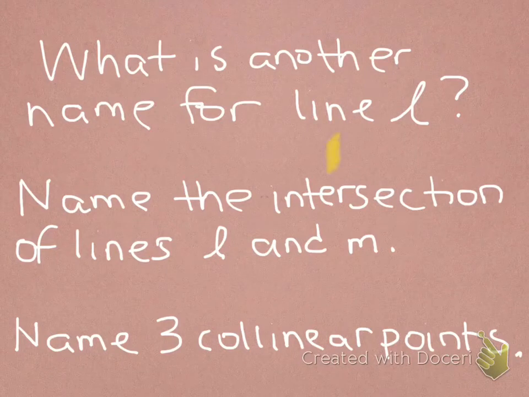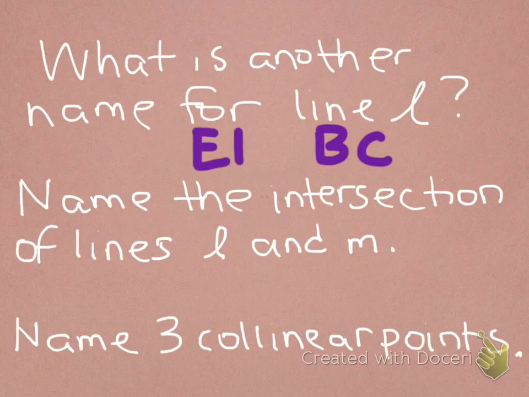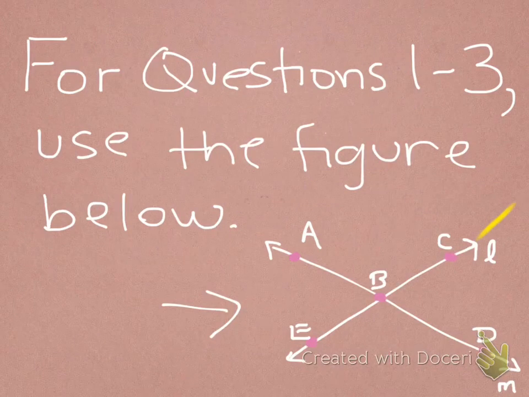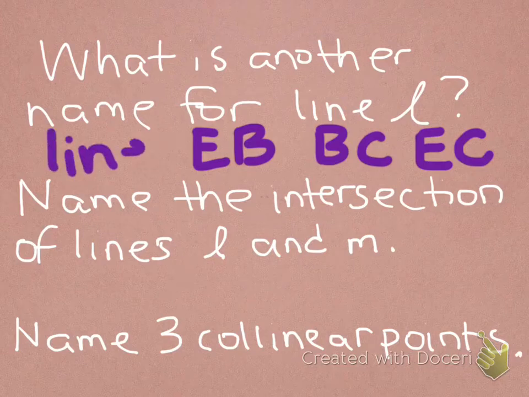So you could use BC, you could use EB, you could use EC, okay, any combination of 2 points on that line. And then for a line, unless you write the word line next to it, the label needs to be with an arrow over top of the 2 letters and 2 arrows pointing in either direction.